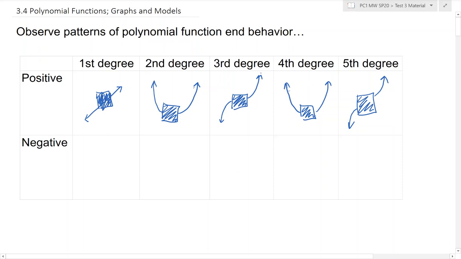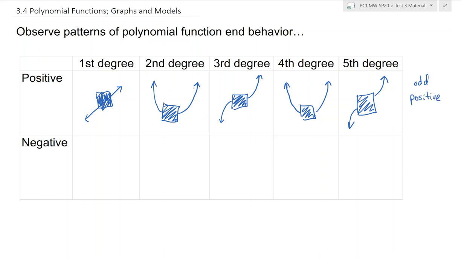Starting down here, ending up here. Starting down here and ending up here. So that is odd and positive, okay? Odd degree, first degree, third degree, fifth degree, seventh degree, 19th degree, etc. The ends of the graph are going to be doing that if it's odd and positive.